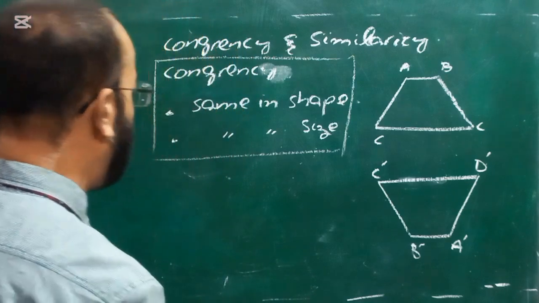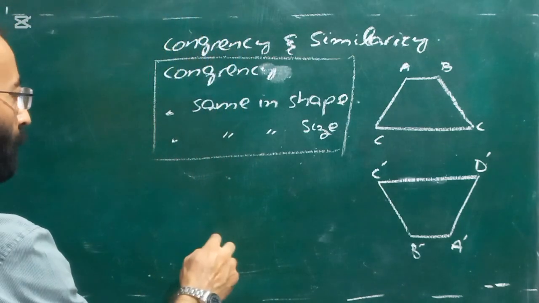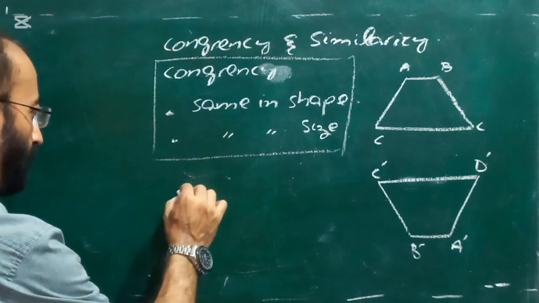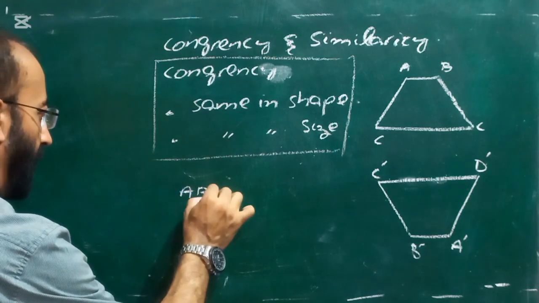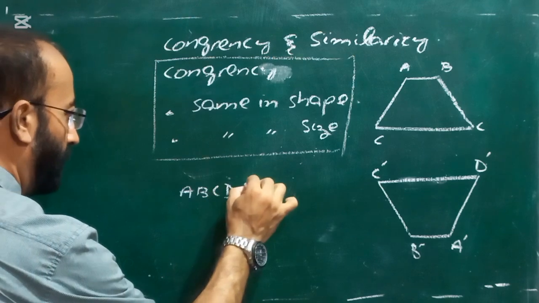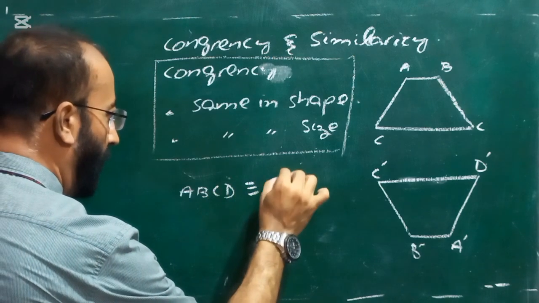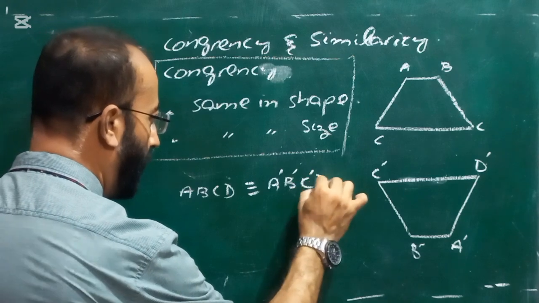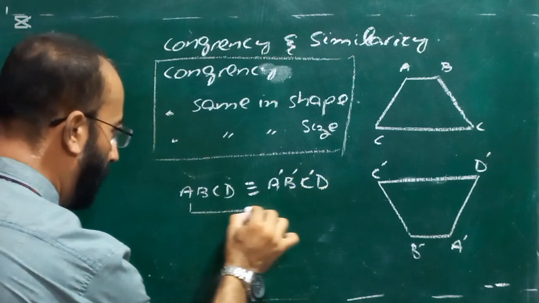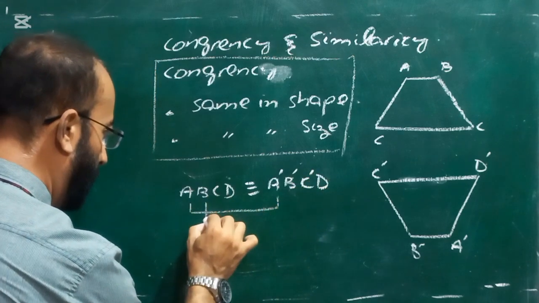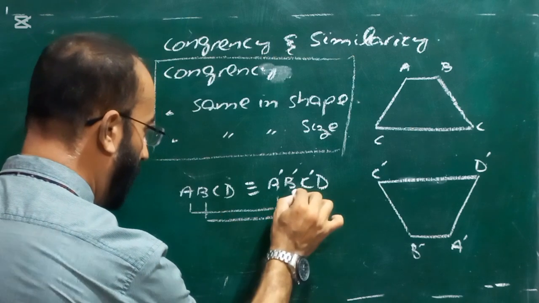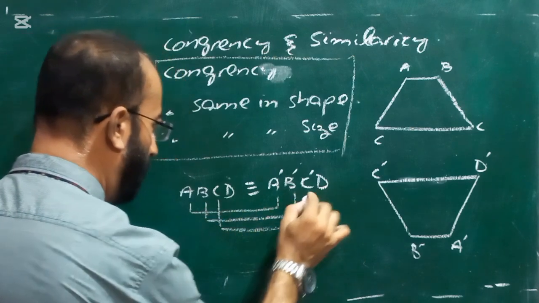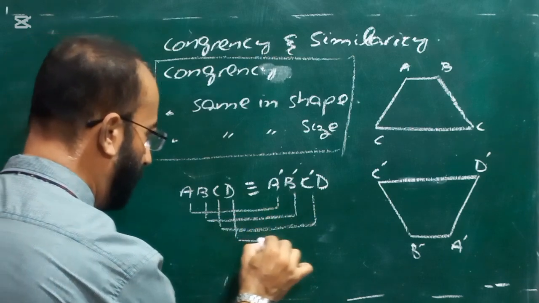So the thing to remember is we have always be careful about the corresponding points for A, B, C, D. A dash, B dash, C dash, and D dash are corresponding points. So we have to be careful about this in solving the questions of congruent figures.